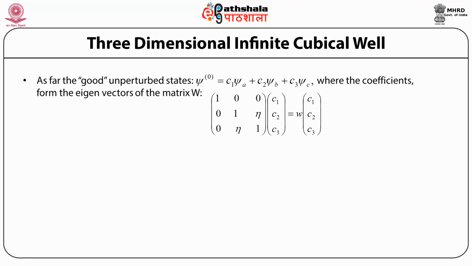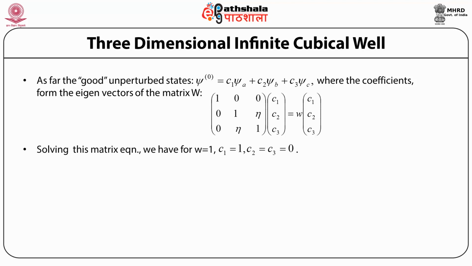As for the good unperturbed states, ψ⁰ is equal to C1 ψA plus C2 ψB plus C3 ψC, where the coefficients C1, C2, C3 form the eigenvectors of the matrix W, which is the matrix (1, 0, 0; 0, 1, η; 0, η, 1), multiplied with the vector C1, C2, C3, equal to W times C1, C2, C3.